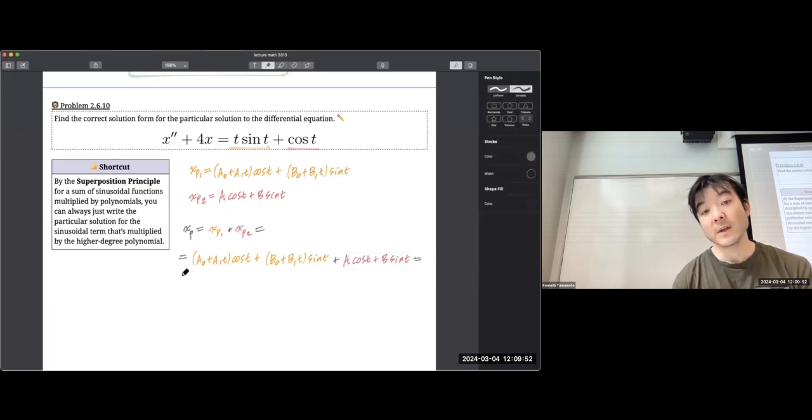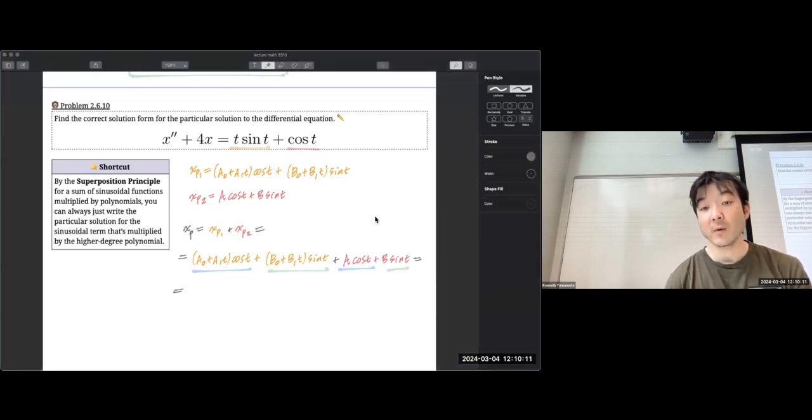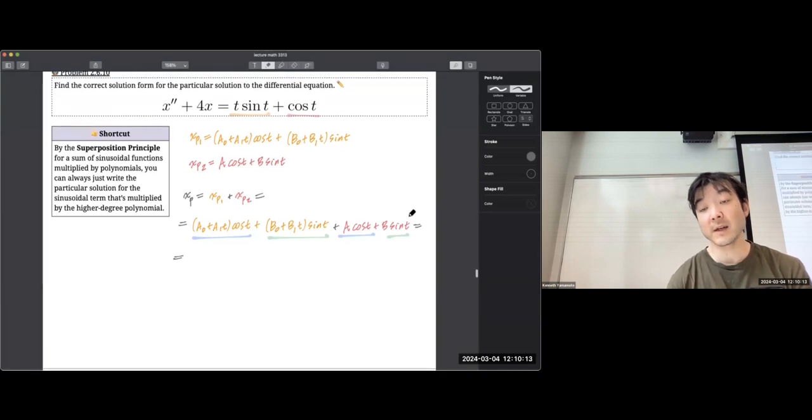What I'm going to notice here is that you can combine terms. There's this cosine term and this cosine term, and then there are two sine terms, this one right here and this one. So I'll consolidate. The cosine terms, underlined in blue, end up being A naught plus A plus A1t times cosine of t.